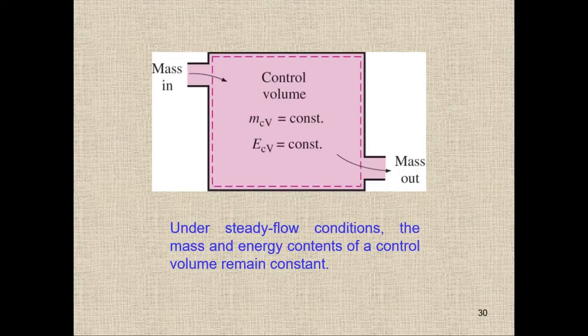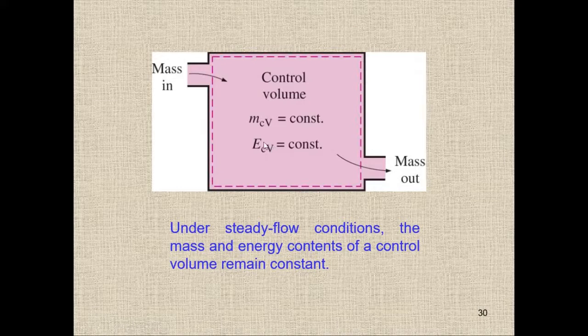Under steady flow conditions, the mass and the energy contents of the control volume remain constant. Since it is steady flow, the mass in should be equal to mass out. So for this control volume, or the open system, the mass in will be equal to mass out.